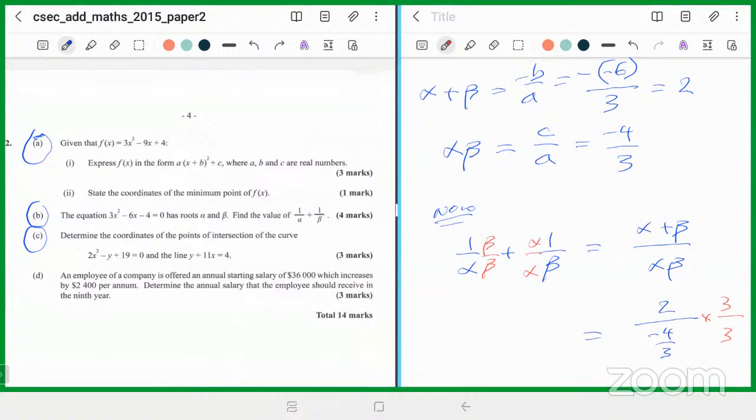All right, can do that. I'll just invert and multiply. It doesn't matter. This is going to become a 6. This cancel this. It's going to become 6 over negative 4, which is negative 3 over 2.